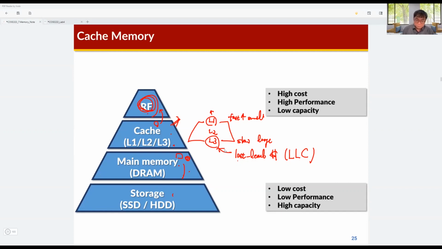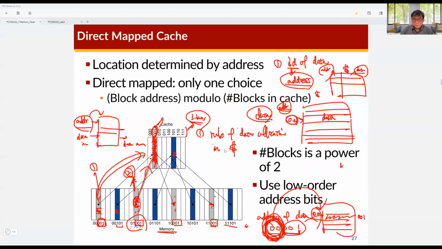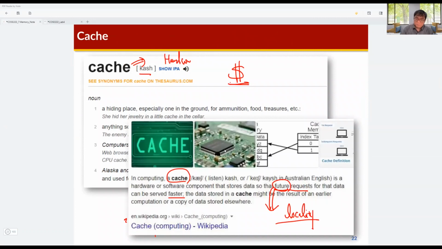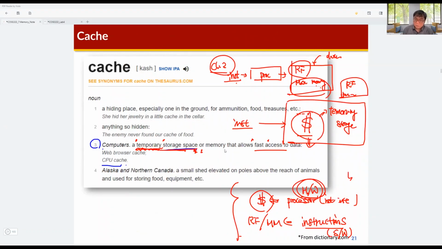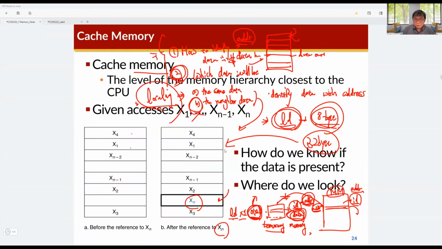I also mentioned that cache is a small memory, a small storage space that stores frequently used data temporarily. So you need to understand which data will be stored in the cache, and how the data can be identified by the processor.